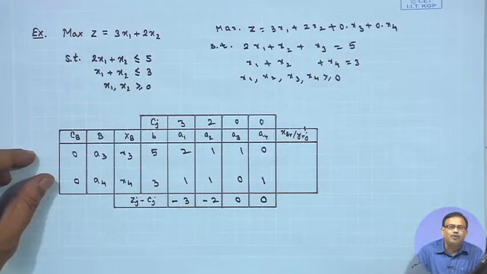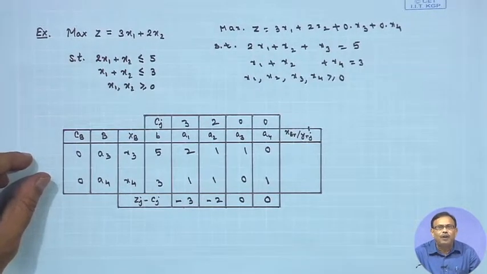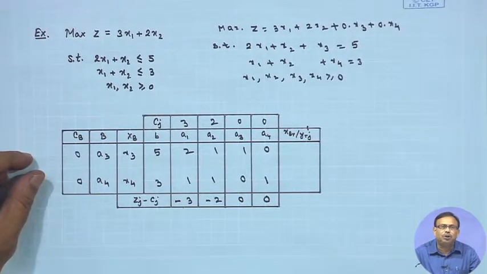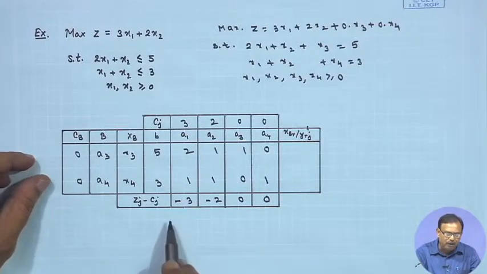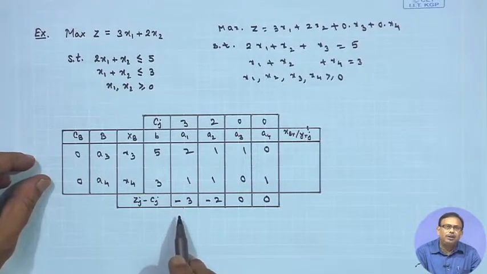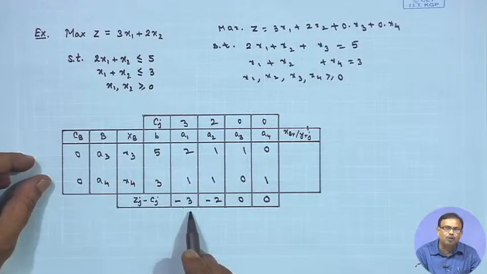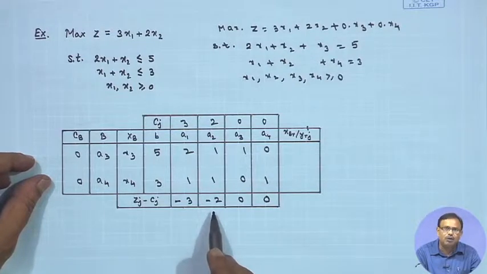So, what are you observing here? At first, what should we check? We should check the z j minus c j value. We have said that in the initial table z j minus c j should be greater than equals 0, but in this case z j minus c j is less than 0 for j equals 1 and for j equals 2.